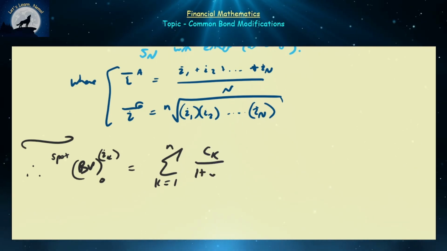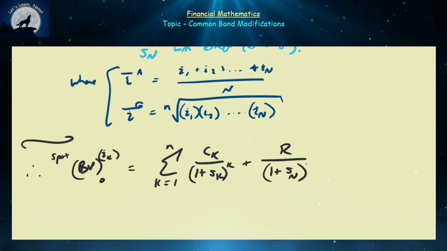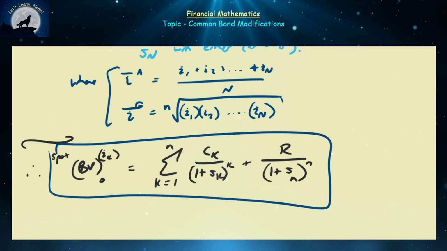And instead of i_k, we're just going to be using s_k. So that's going to be s_k to the power of k, and then finally R all over 1 plus s_n to the power of n. Right, and that should be lowercase letter n. So that's going to be the spot rate approach for calculating book values.